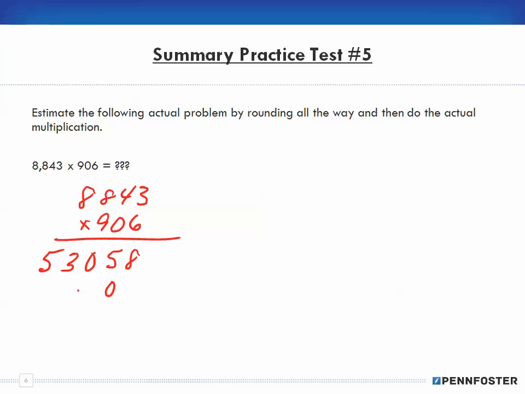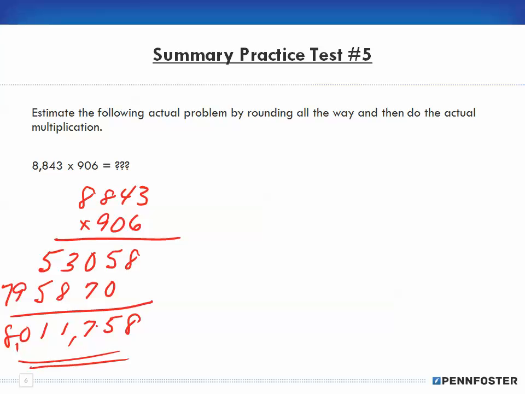That's 0. 9 times 3 is 27. Carry my 2, 36, 38. Carry my 3, 75. Carry my 7, 72, 79. And add it all up. 8, 5, 7, 11, 11, 8. 8,011,758. That's my answer for the actual.